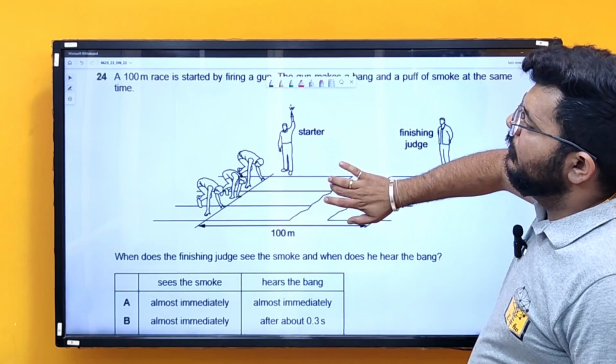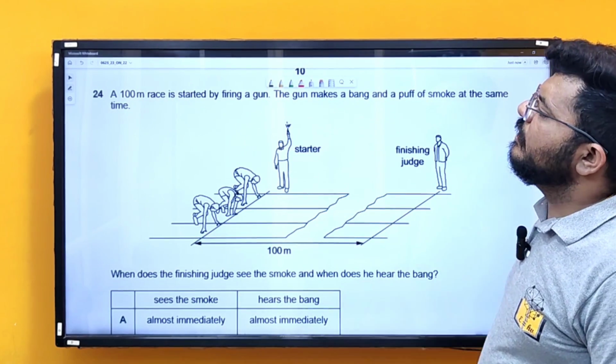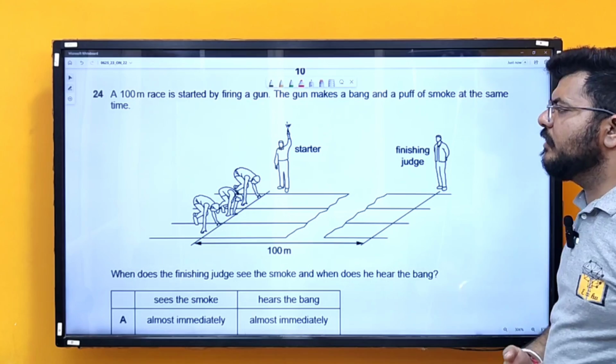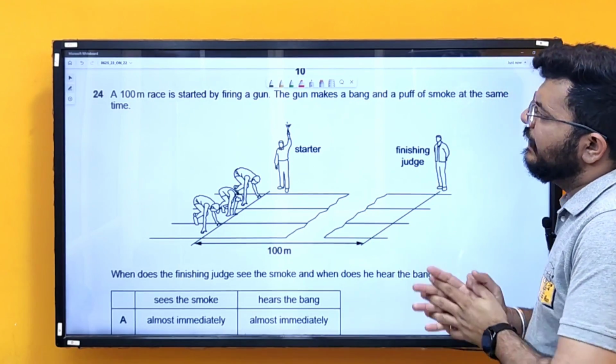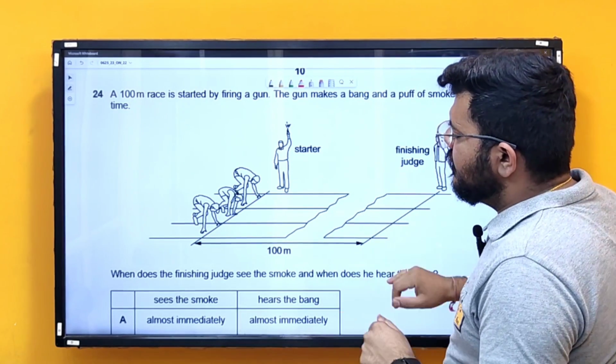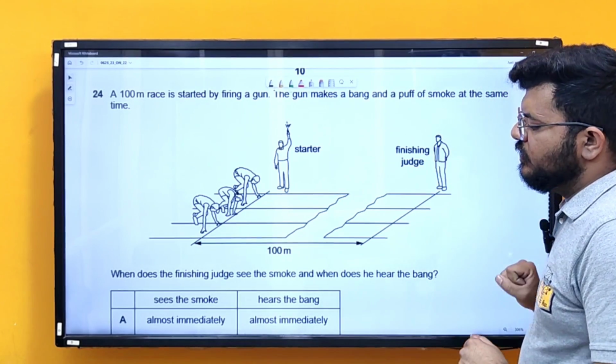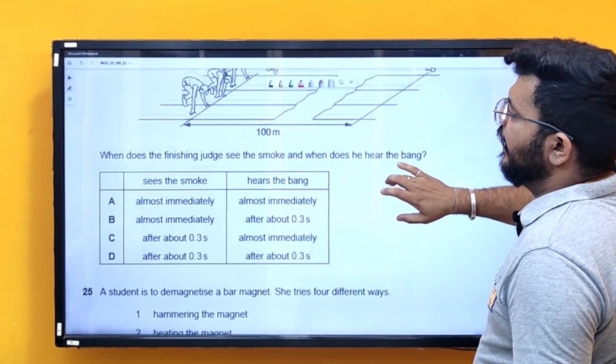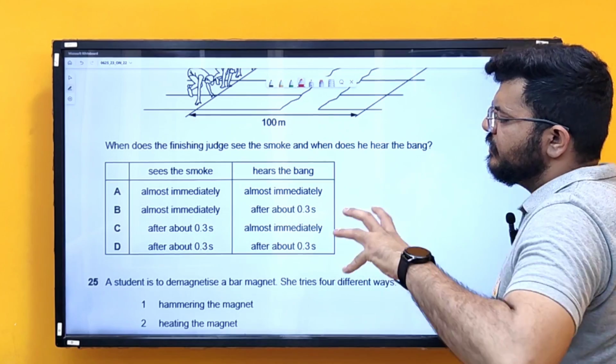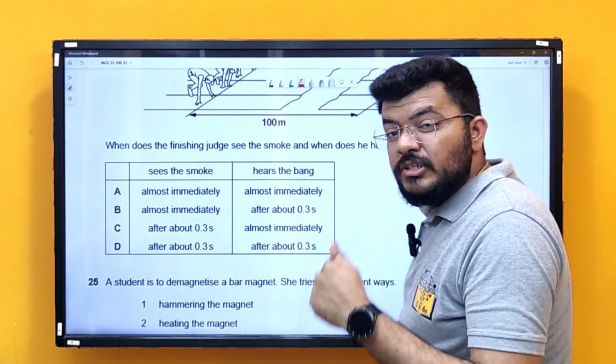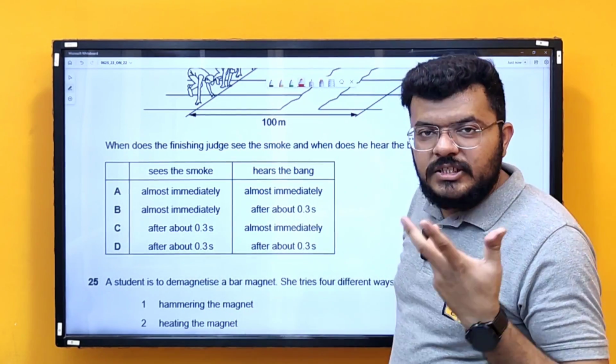Then we have a 100-meter race started by firing a gun. The gun makes a bang and a puff of smoke at the same time. When does the finishing judge see the smoke, and when does he hear the bang? He sees the smoke immediately but hears the bang after some time, right? Because light travels faster than sound.